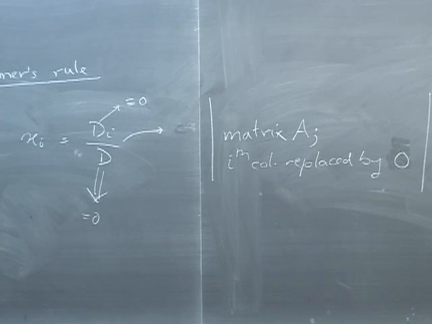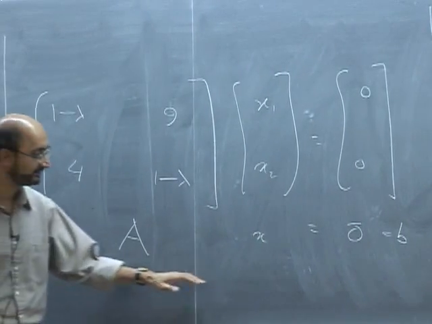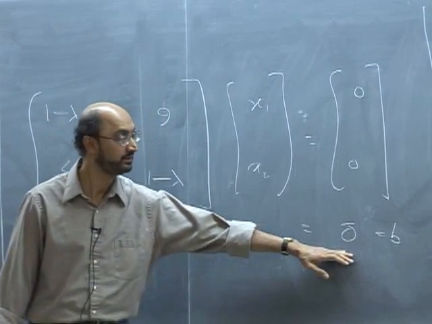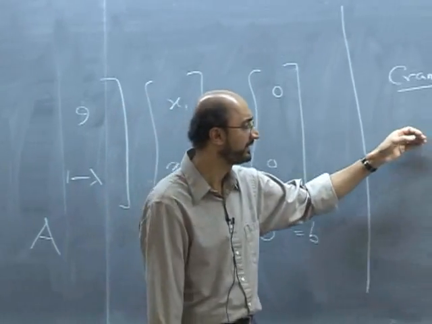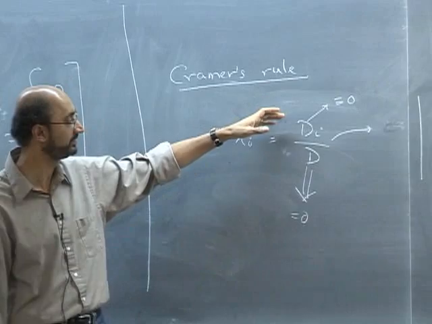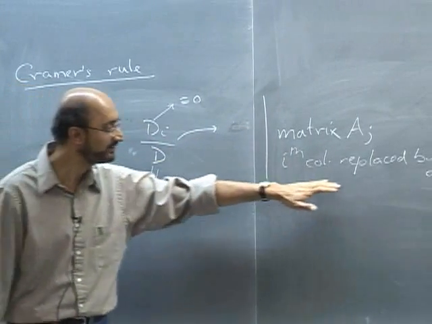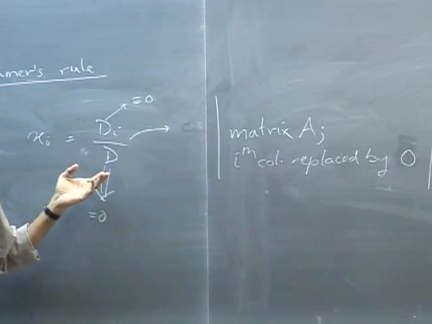Okay. So I'm just applying the principle that if you have a linear system of equations, which is what we did last time, Ax equals b, then Cramer's rule tells us that x sub i is given by d_i over d, and the d sub i by definition is the determinant of the matrix A where the ith column is replaced by b.